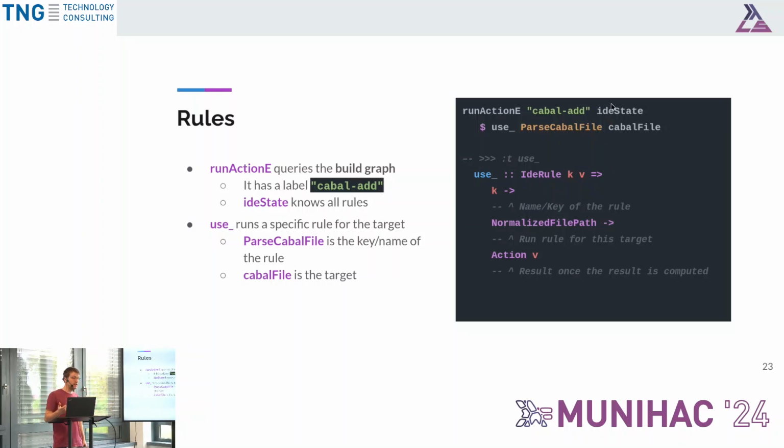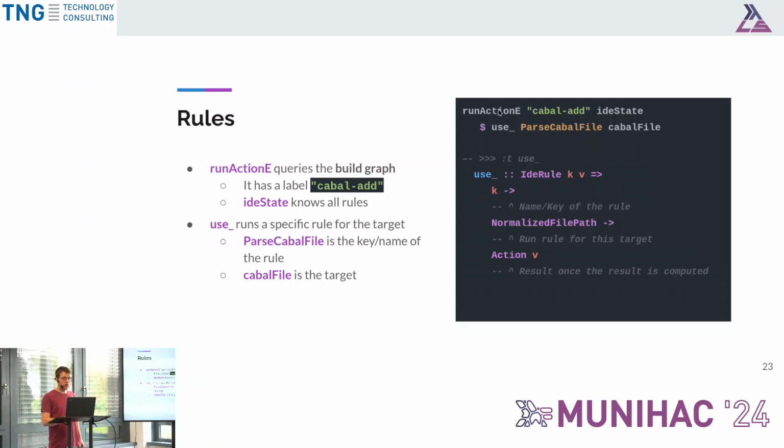And the IDE state contains the rules of all plugins. Essentially, each plugin individually can contribute its own rules, its own extensions to this huge build graph, and that is globally known to the IDE state. That allows plugins also to depend on the rule results of other plugins, which can be quite handy if they define a rule that is universally useful.